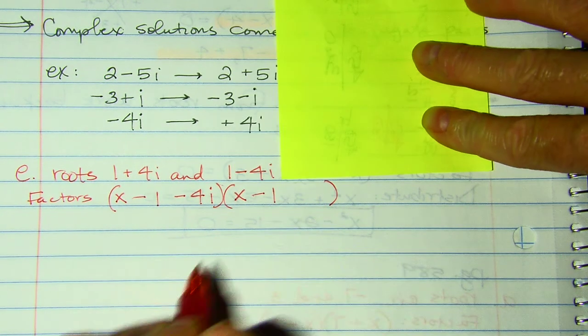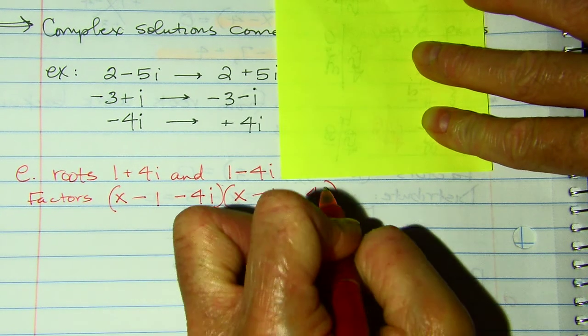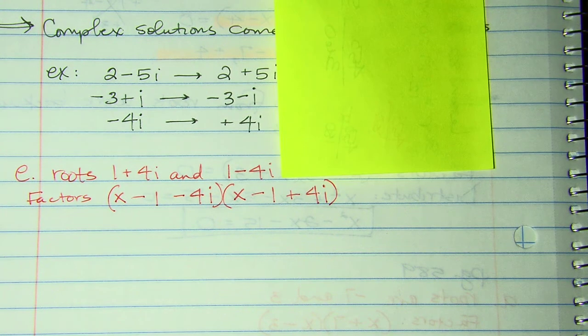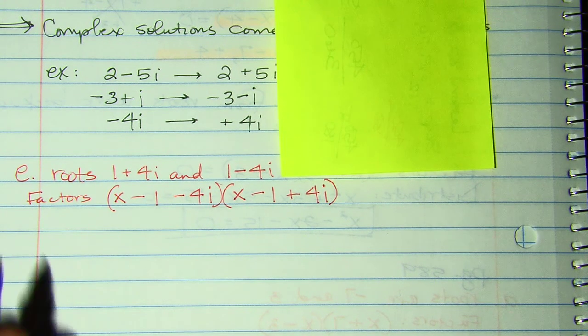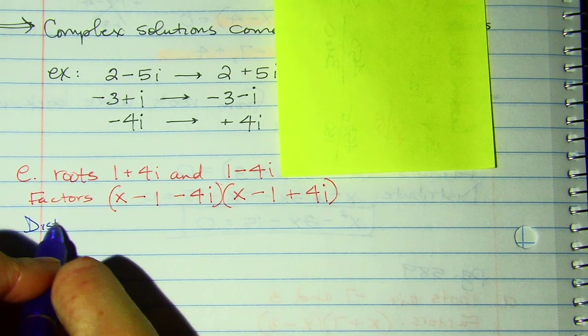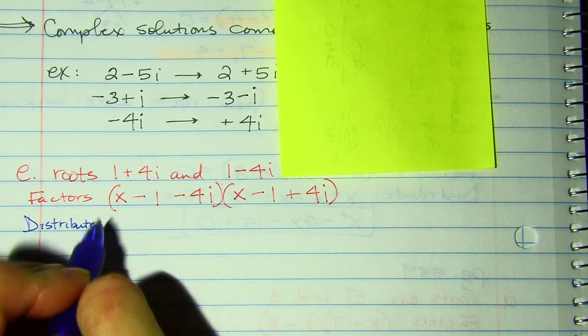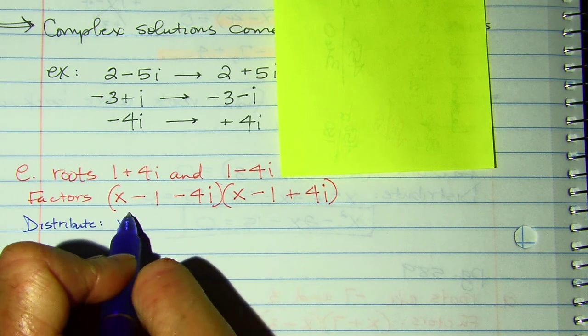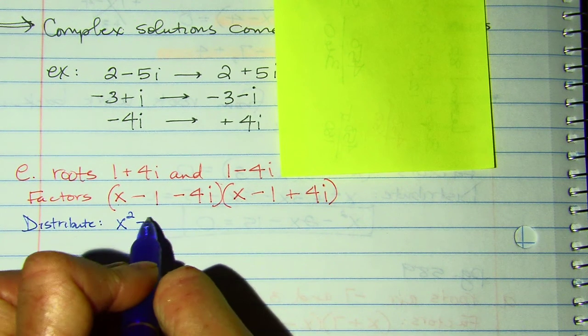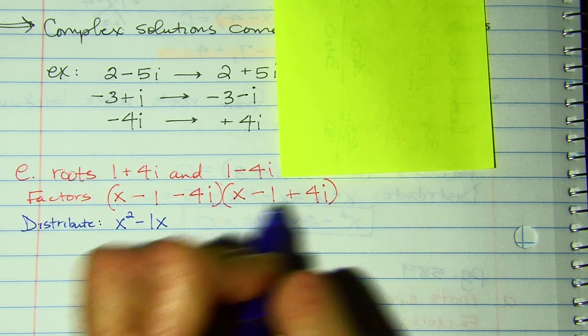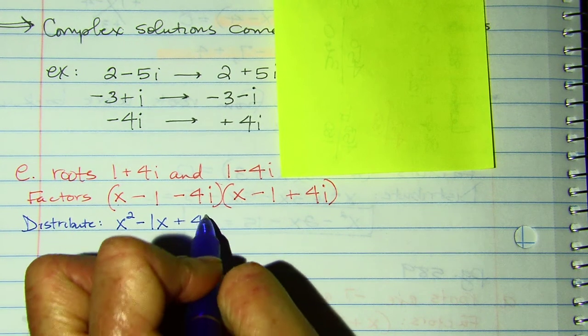The opposite of negative 4i is positive 4i. When we distribute, the i's will cancel. x times x is x squared. x times negative 1 is negative 1x. x times 4i, I'm just going to write 4ix.